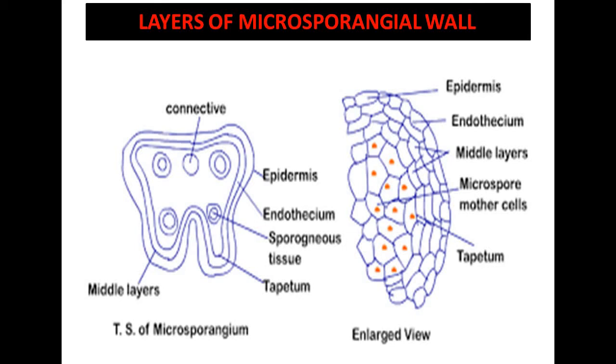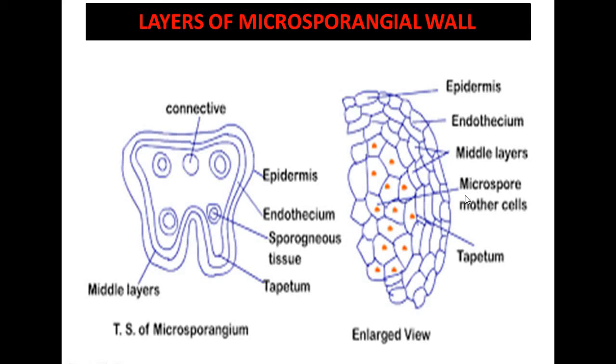This sporogenous tissue also has some cells which are responsible for developing the pollen grains or microspores. They are called microspore mother cells because they give birth to the microspores. In short, they are called MMC. Otherwise, they are also known as PMC, that means pollen mother cell.